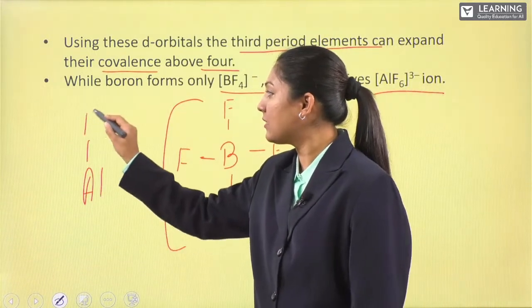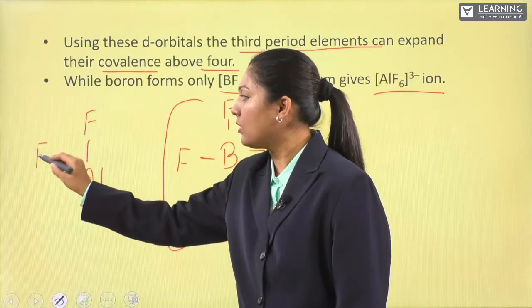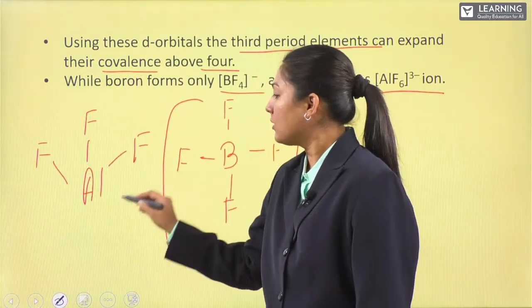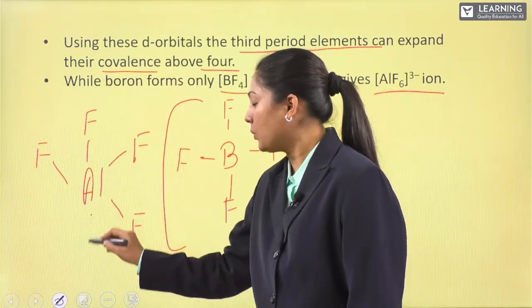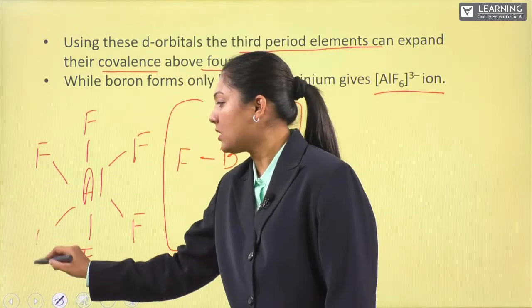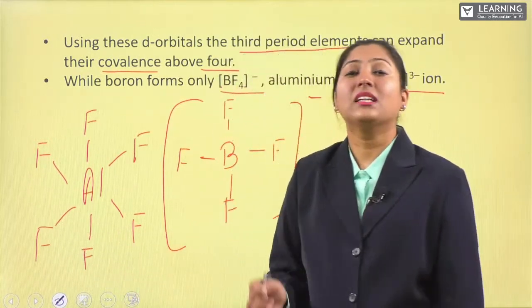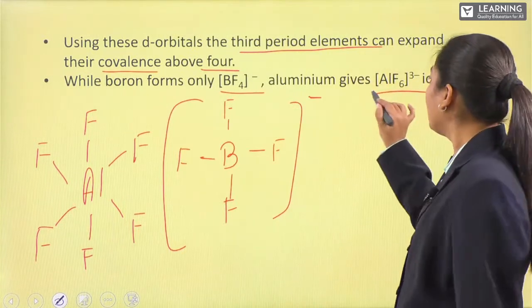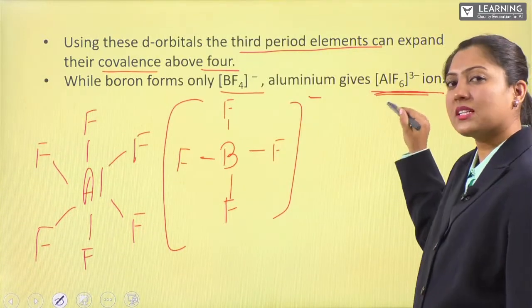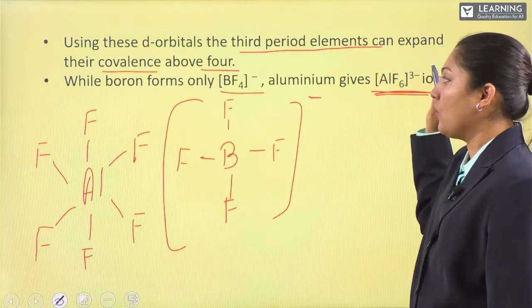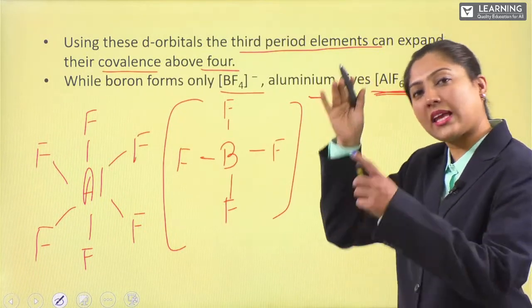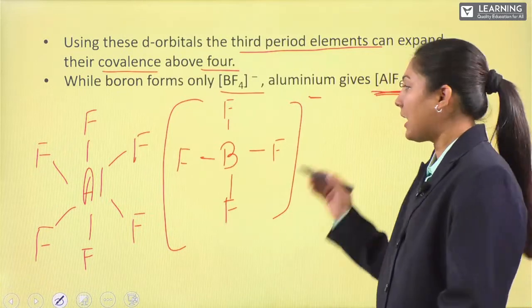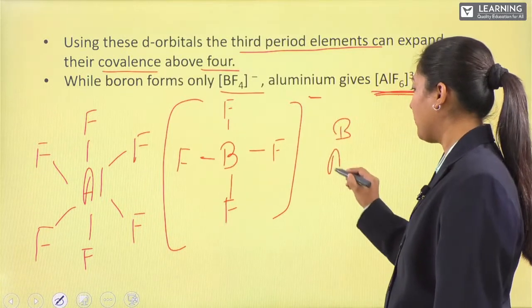6 fluorine atoms bonded with aluminium. Why? Because aluminium has d orbitals, so it can expand. So we have the AlF6 3 minus ion, where both are of the same family, boron and aluminium.